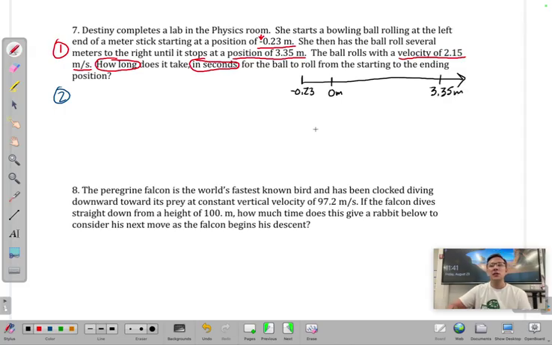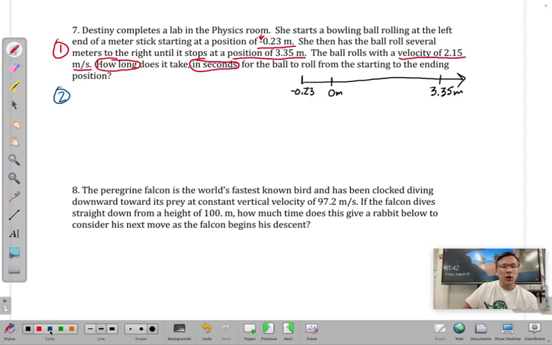So we can see that it's going to cover more than 3.35 meters, because if it stops at 3.35 meters, then that means that it covered that entire distance plus whatever distance it covered before it got to 0 meters, right? So just keep in mind that the total displacement of this object is going to be greater than 3.35 meters. That's usually the common error that's made on this problem.